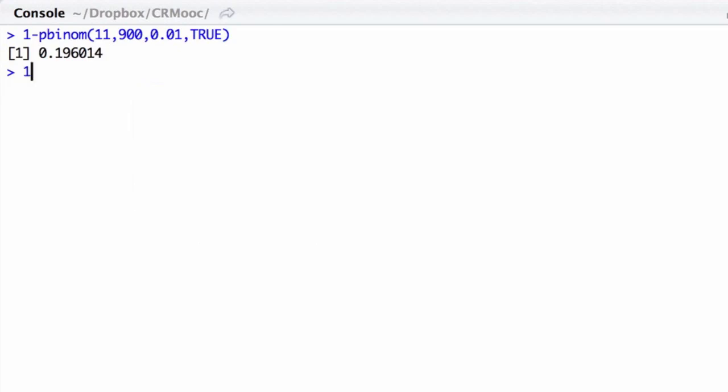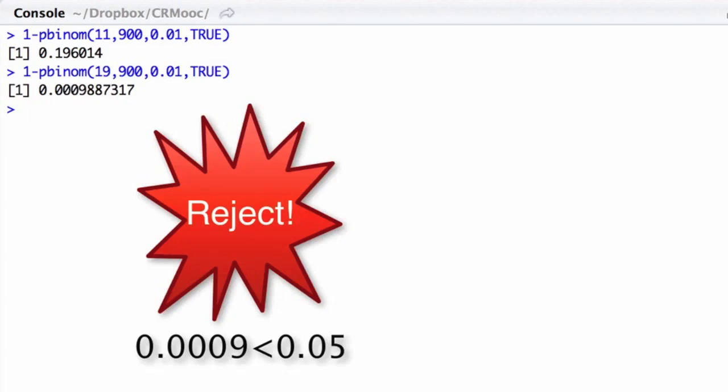In case of 20 exceptions, on the contrary, we obtain 0.0009. This quantity is smaller than 0.05, hence we reject the null hypothesis. Our value at risk is underestimating risk. Notice that the results hold true also if we choose a 1% significance level.